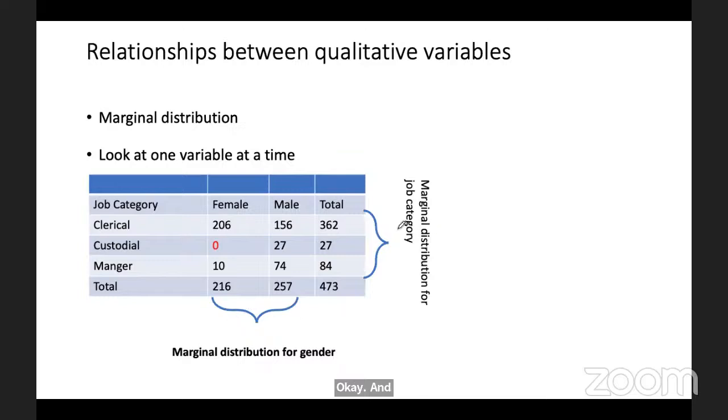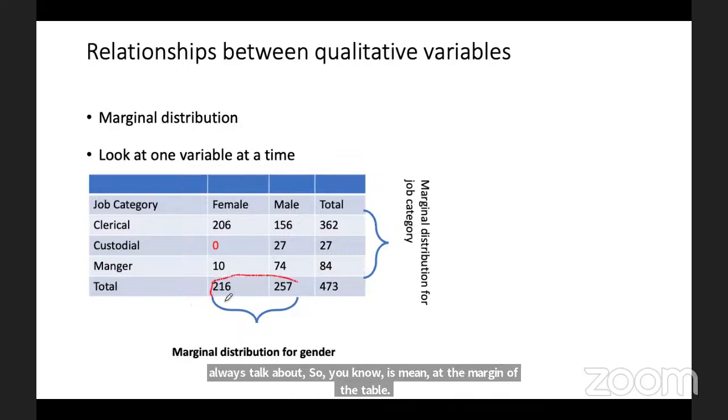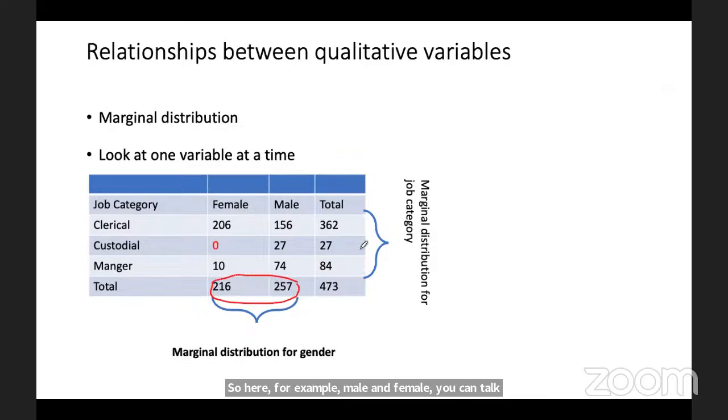So those who have done analysis using SPSS, we always talk about marginal. Marginal means at the margin of the table. So here, for example, male and female, you can talk about the marginal distribution by gender. You can talk about the marginal distribution by job category, for clerical staff.